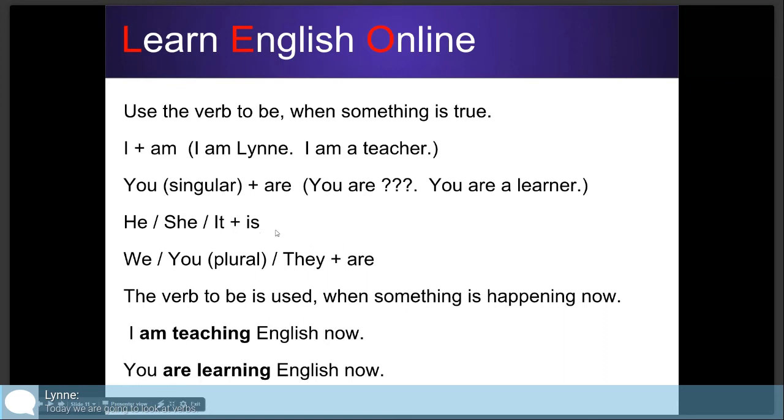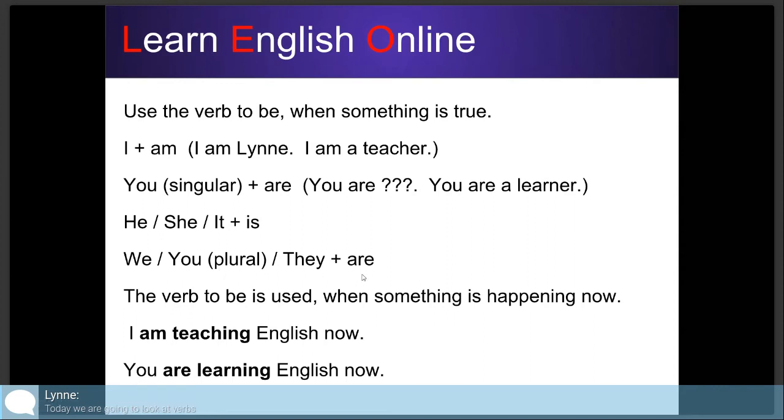Okay. Laika is a dog. Laika is a bitch, remember? We, you, plural. Okay, you as people. They are. This is conjugation of the verb to be. I am, you are, he, she, it is, we, you, they are.